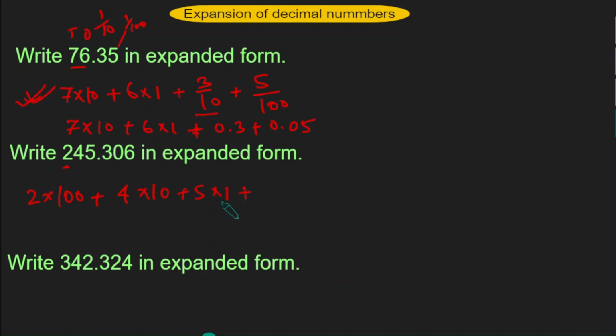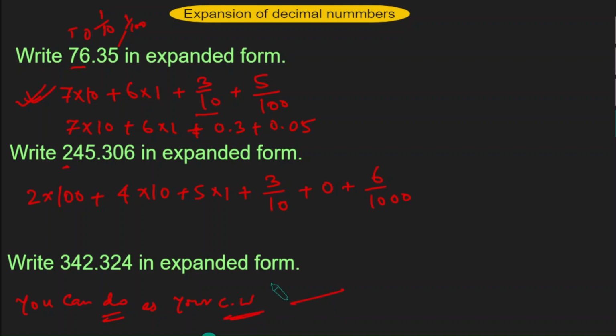Then the decimal point starts and the 3 comes just after the decimal point, so it is the tenths place digit, so it will be written as 3/10. 0 is 0/100, which will give you 0 only, so I can write 0 or 0 by 100, it doesn't make any difference. So 6 upon 1000 you can write. You can do this as your classwork or homework.